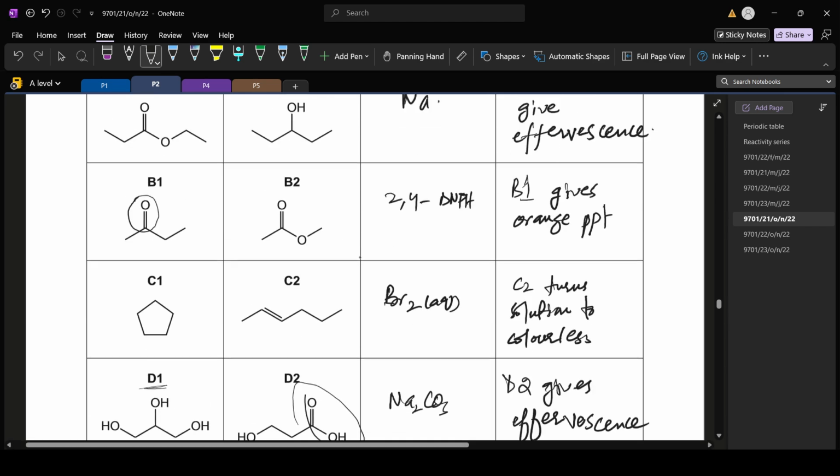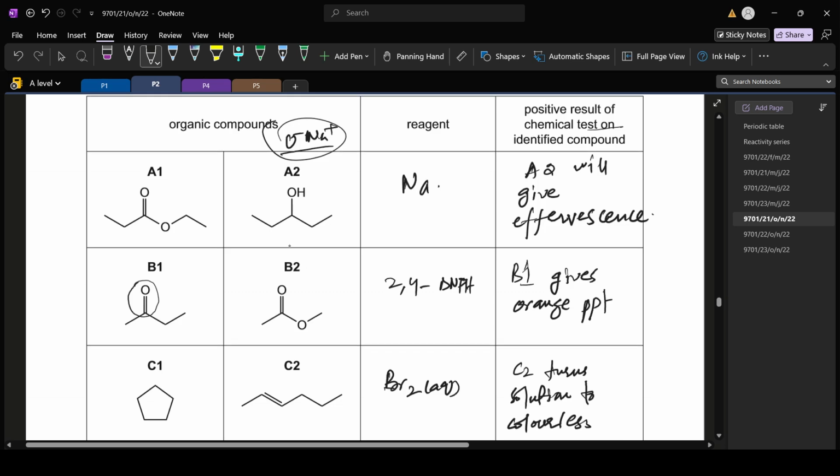So you can see that we have used different reagents for each of these observations. The marking scheme has also shown you some other reactions as well. You can use KMnO4 here in the first reaction. The KMnO4 will oxidize this OH group.